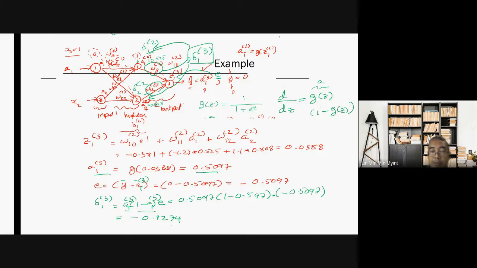So that means we finish for the layer 2. We go back to the next layer. That means we have to calculate the sigma 1, 2, and sigma, sorry, 2, 2, like this.